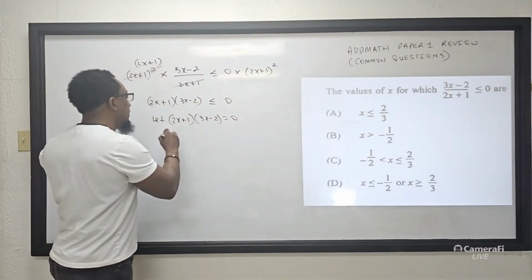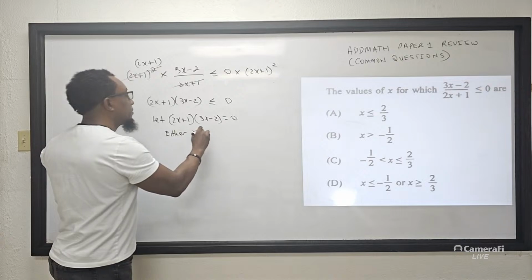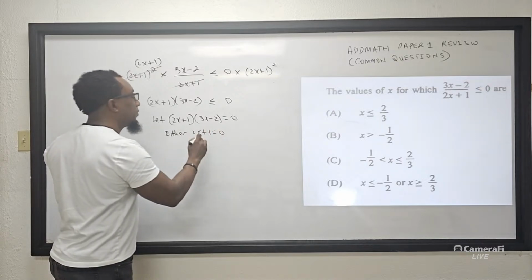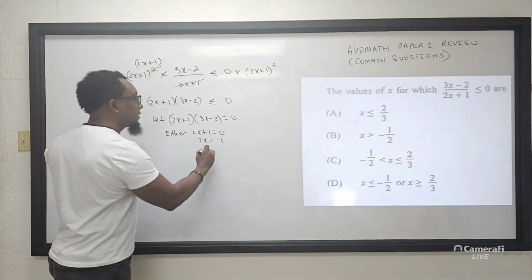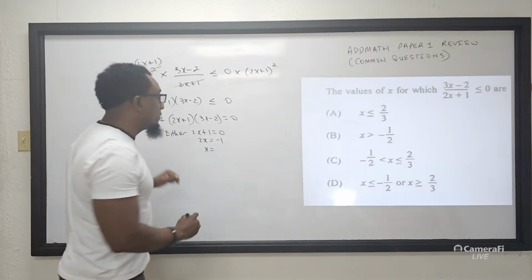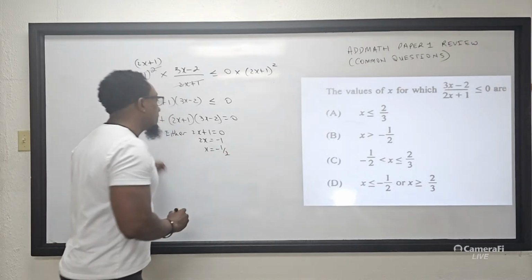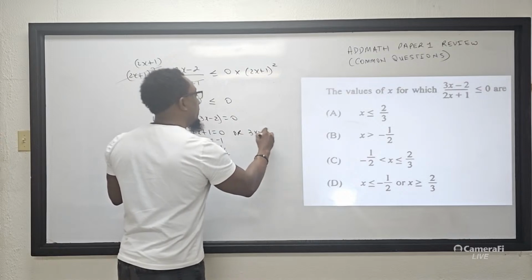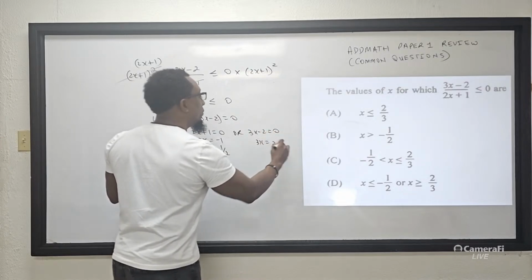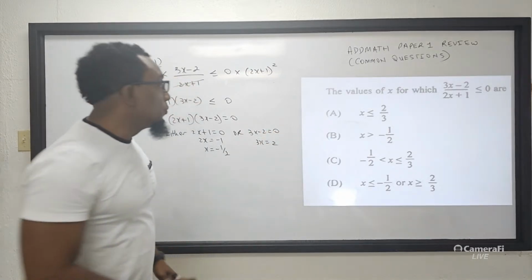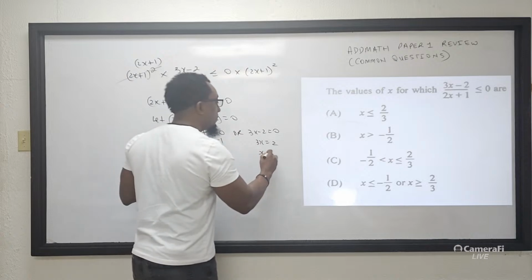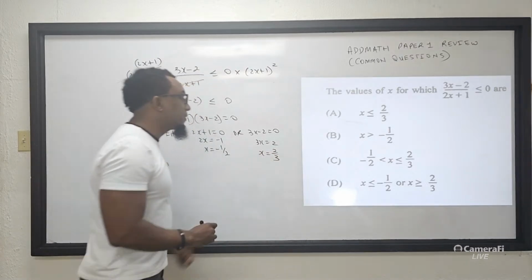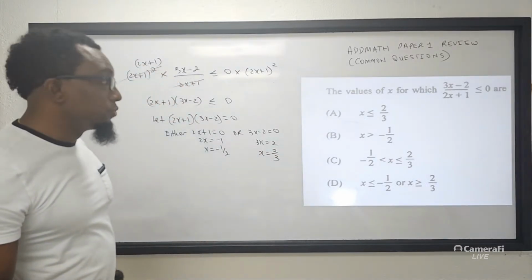And I'm going to say either 2x plus 1 is equal to 0, 2x is negative 1, and I divide both sides by 2. X is negative a half. Or 3x minus 2 is equal to 0. 3x will be equal to positive 2. And I divide both sides by 3. X is equal to 2/3. So those are my roots.